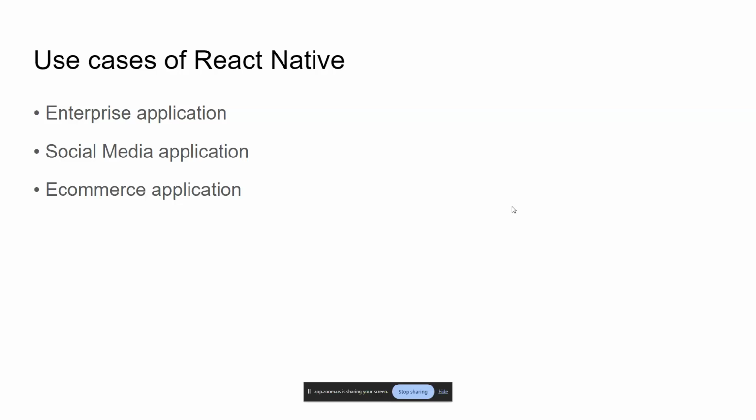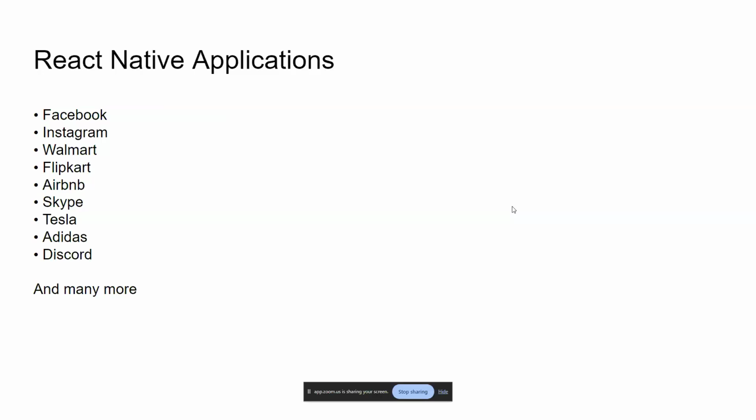One example will be Flipkart and Walmart, which are very large e-commerce applications in the globe. And we have many more applications which we'll be seeing next. Yeah. So basically, these are the main React Native applications which we can see in today's real-time world. Those are social media, as I mentioned, Facebook, Instagram, e-commerce, Walmart, Flipkart, Airbnb, and enterprise like Skype, Discord, and many more.